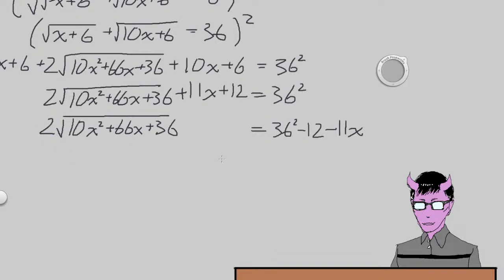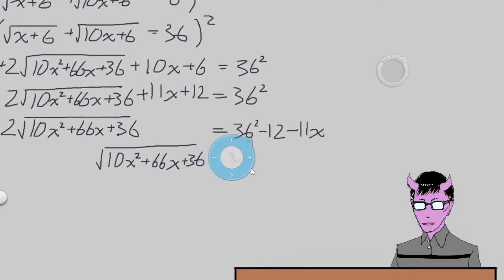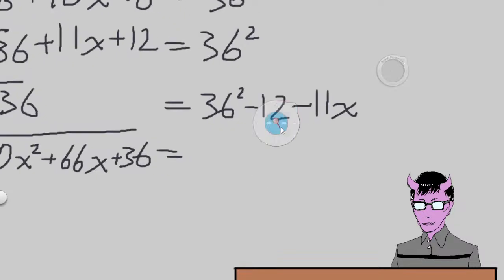So let's divide both sides by 2. So we're going to get square root 10x squared plus 66x plus 36. Alright. Divide by 2. So we have to divide everything by 2. So this is going to be divided by 2. But be careful about how you do this, okay?